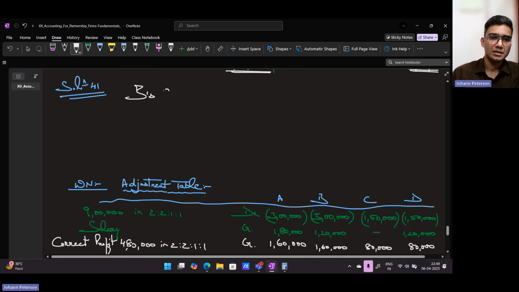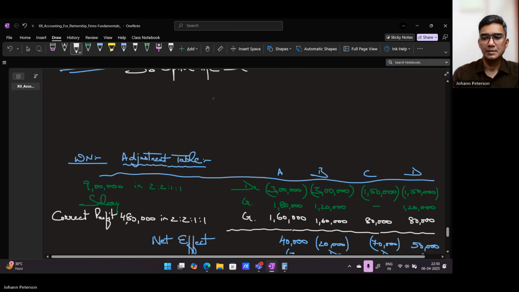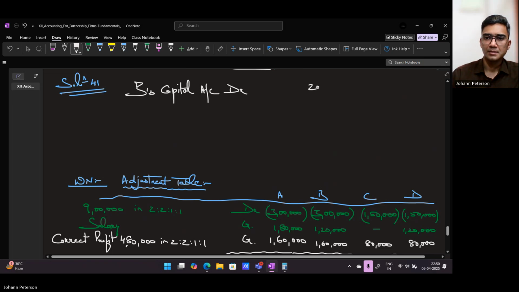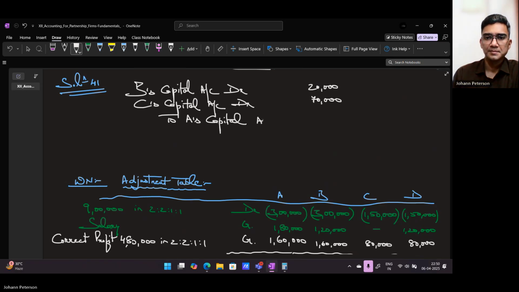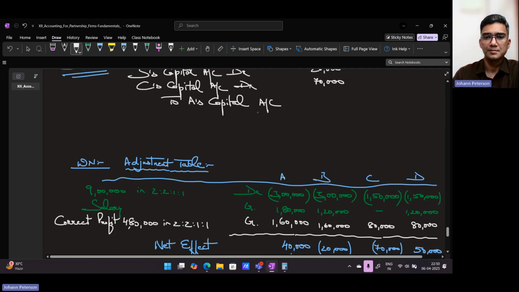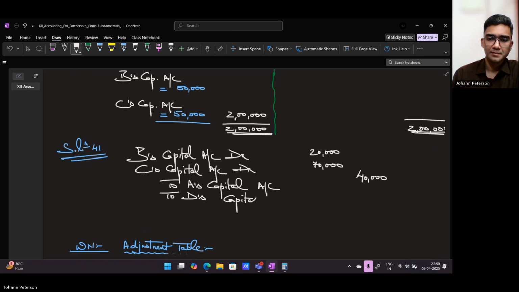Thus, B's capital account debit 20, C's capital account debit 70, to A's capital account 40, and to D's capital account.